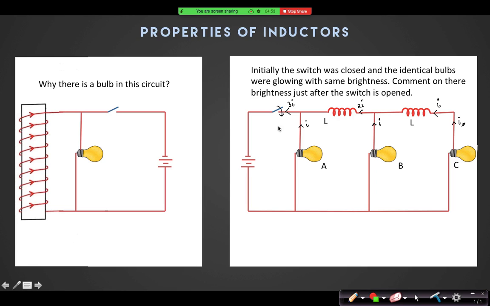Suddenly, what you have done, you have removed that battery from the circuit. Even if you remove the battery from the circuit, look, the inductors will always try not to change their current in the loop. Suppose these are bulbs, then can I adjust the current?